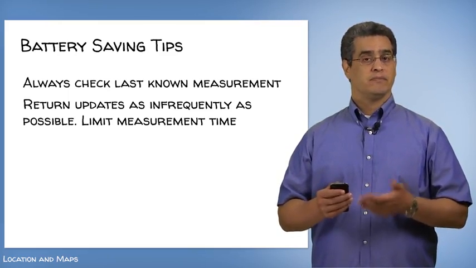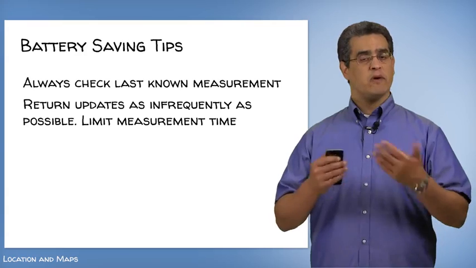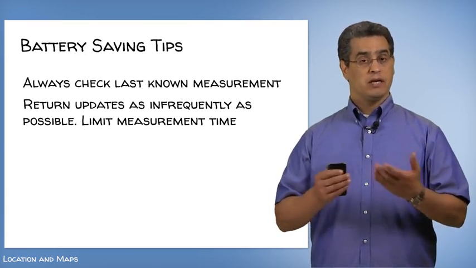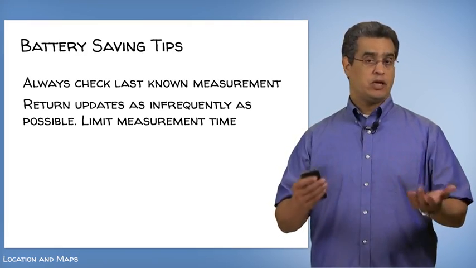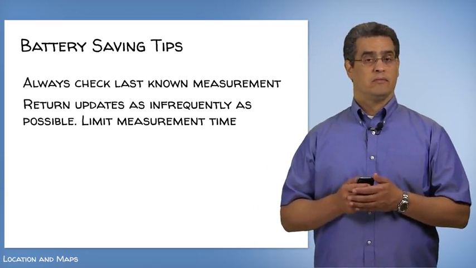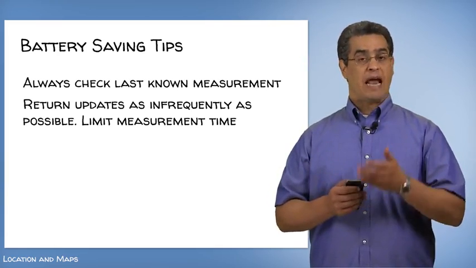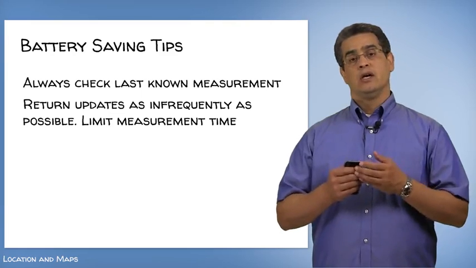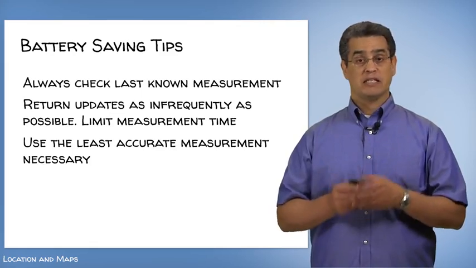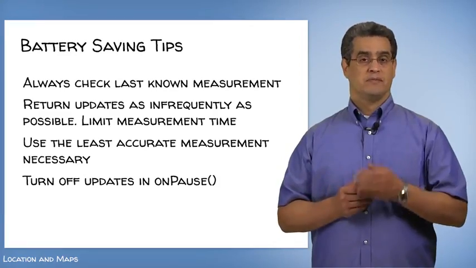Some applications, such as an application that tracks a jogger, need to update more frequently and need to keep measuring while the application is running, because the user's location is changing. Applications like the one we just saw, though, only need a single good measurement, so they can measure infrequently and for less time. Use the least accurate measurement necessary, and only use GPS if you really need to. Turn off the updates in onPause.